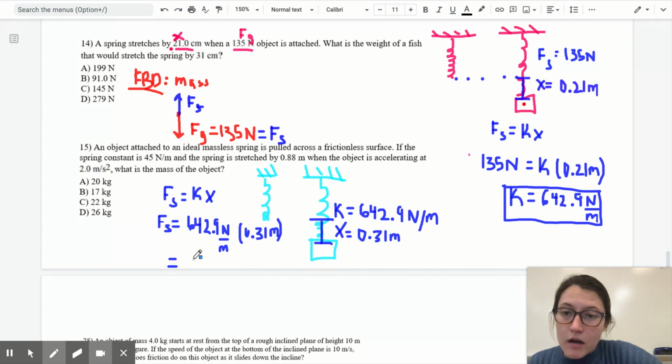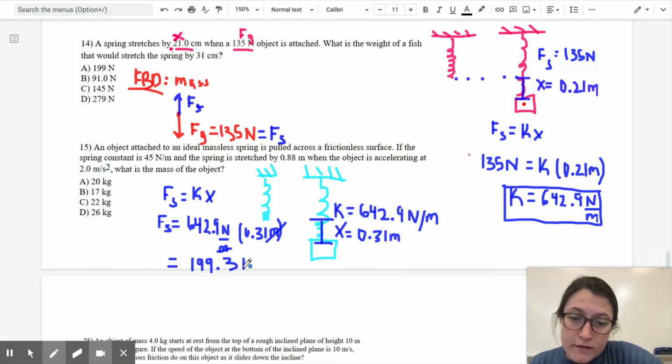And we get 199.3. Our units here, our meters will cancel. We're left with just newtons.